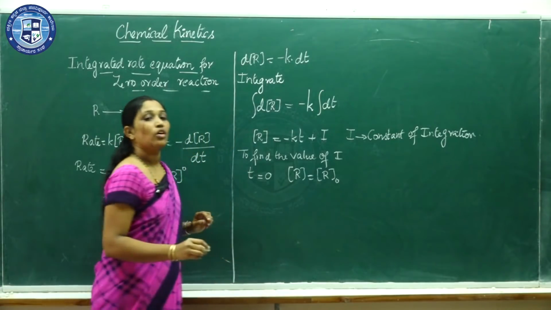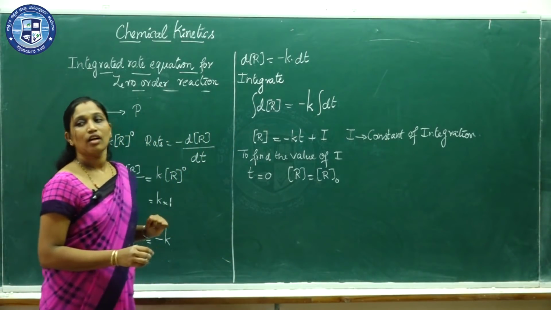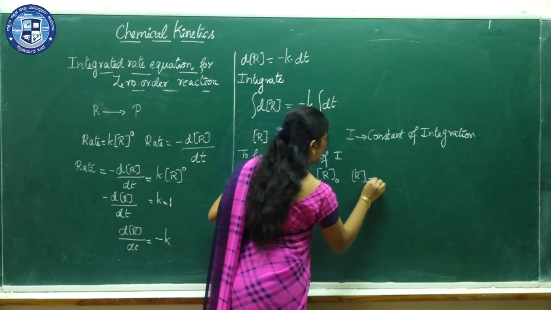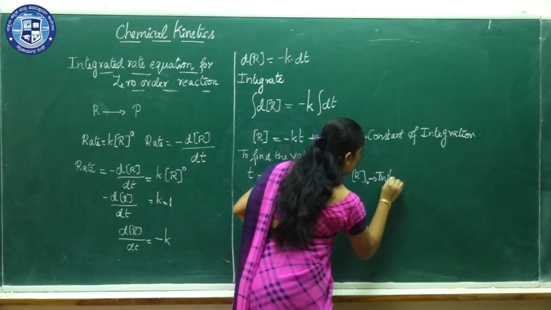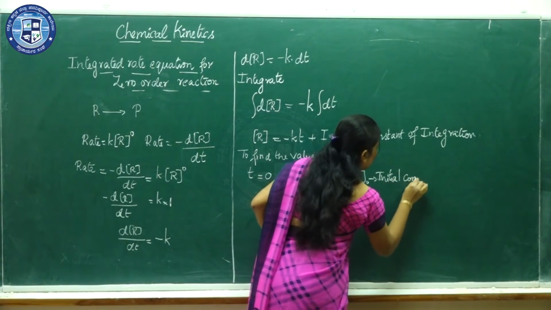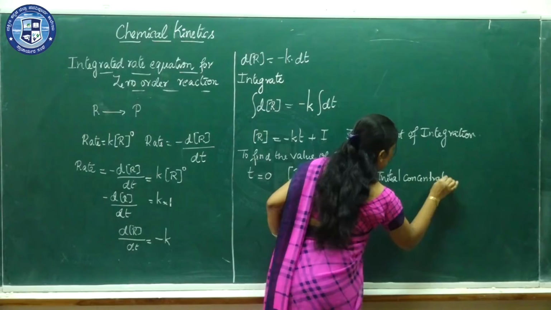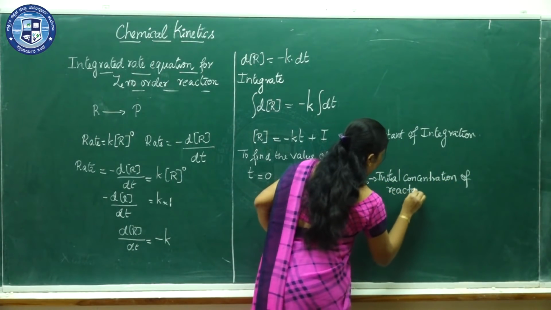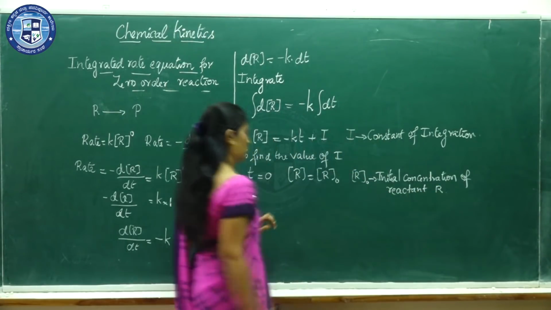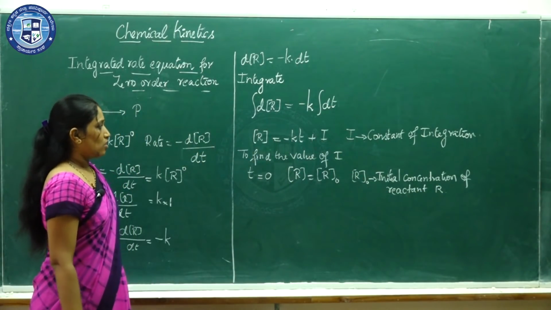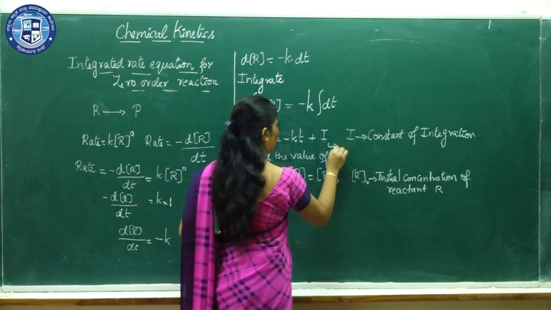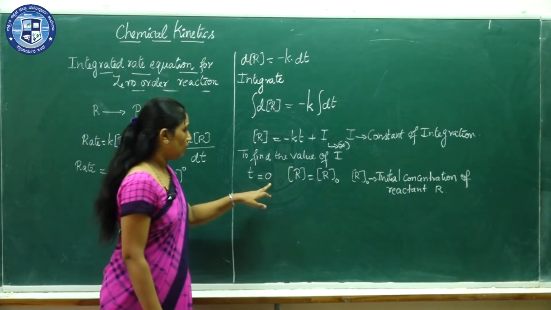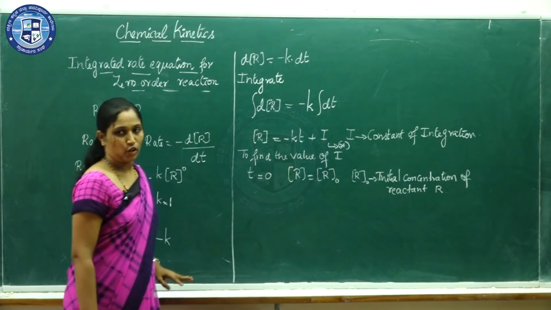What is R naught? R naught is the initial concentration of reactant R. Okay, so this equation I will be taking as star. I will be substituting for the values of t and R in this particular equation.